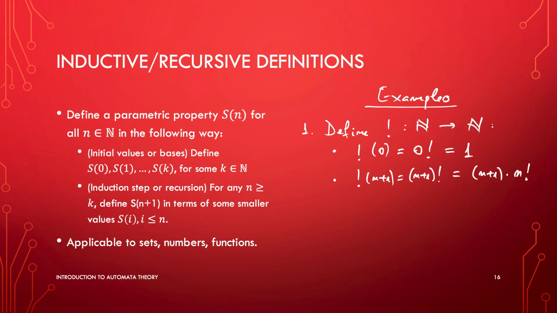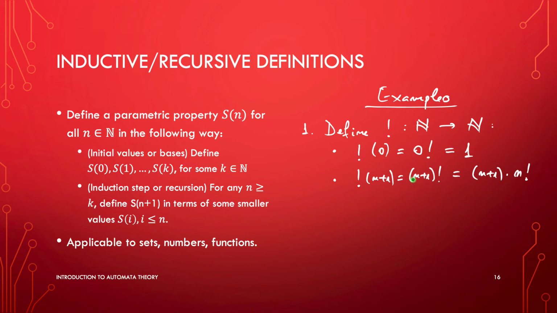I'm defining the value of the function for n plus 1 in terms of what the value of the function was for n. So that's the essence of these recursive definitions. You define something for a larger value in terms of whatever it was for some smaller values. And for this to make sense, you have to have the direct definition given for the small values of this function.